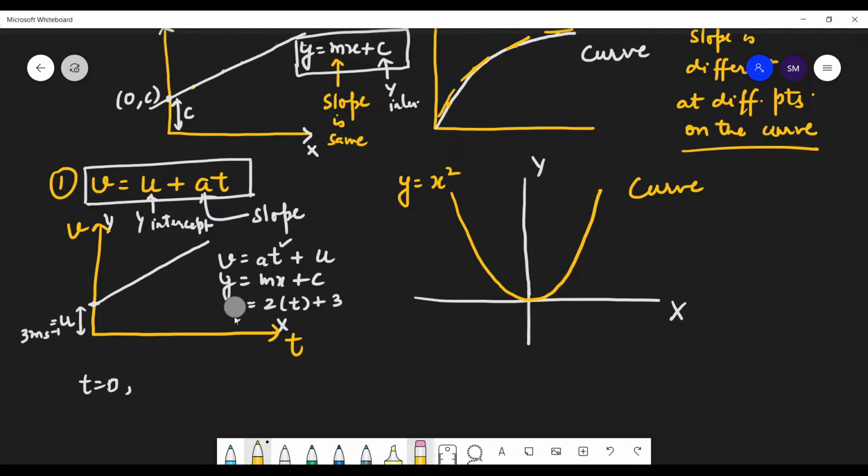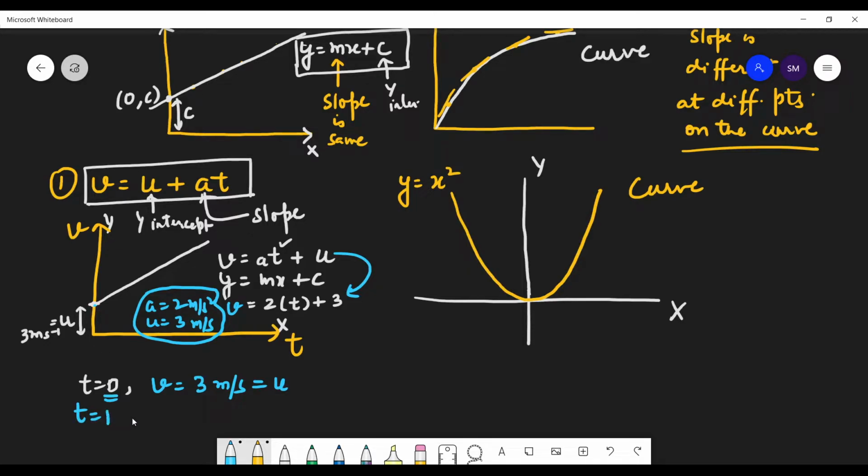So a is equal to 2 meter per second squared, u is equals to initial velocity 3 meter per second. Okay? Yes, sir. So if t is equals to 0, what is the value of v? 3. Which is nothing but at time t is equals to 0, we call v as u. So first point.